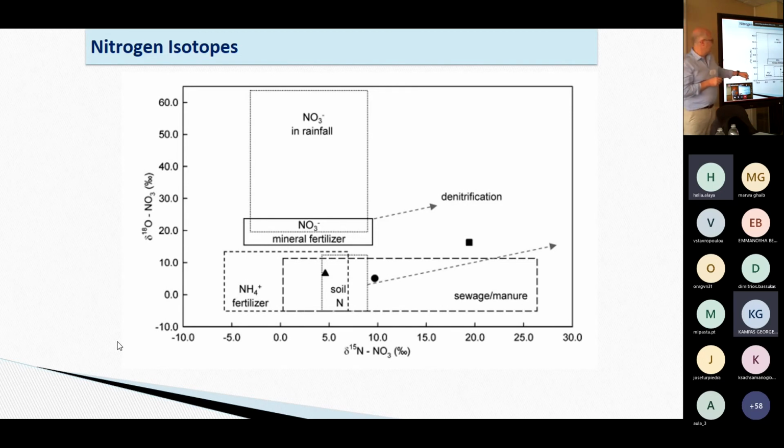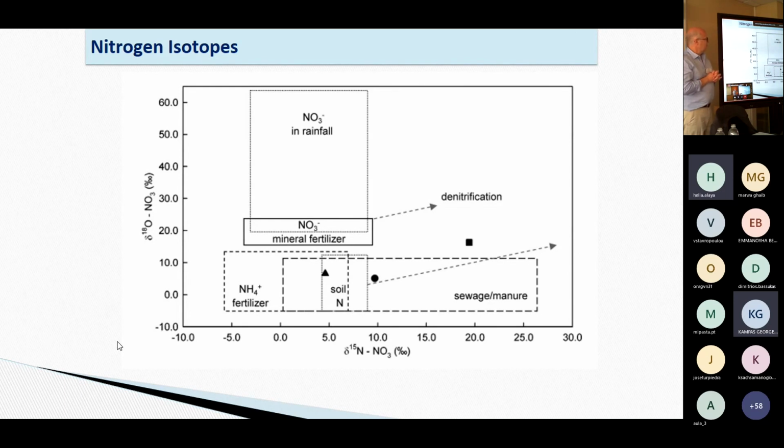And here you see this is the 15N, and here you see the delta O isotopic signature on nitrate. So basically with this method you measure the isotopic composition of nitrogen in the nitrate compound and of oxygen in the nitrate compound. Now, the first study that has been done on this methodology was by Susanne Verkelius.